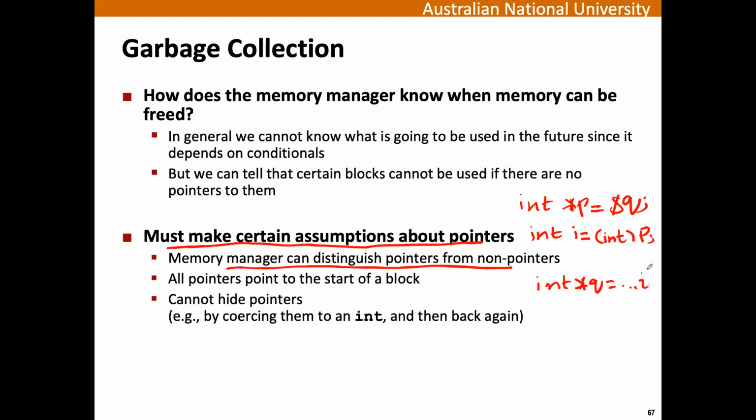Okay, so now the garbage collector is looking at P and saying, oh, that's a pointer, that's an address. And then it's looking at I, the integer, and it's saying, well, that's an address too, right? This is a problem. In Java, you cannot do that.